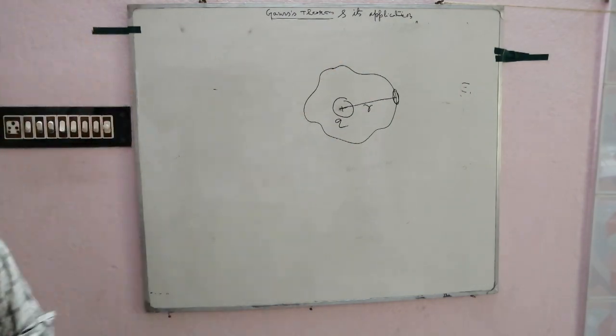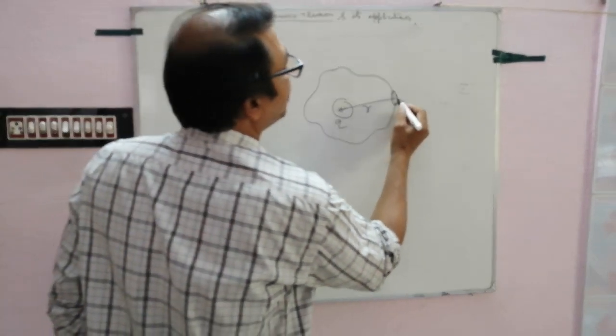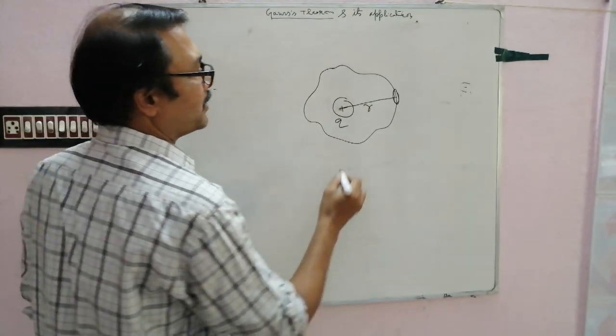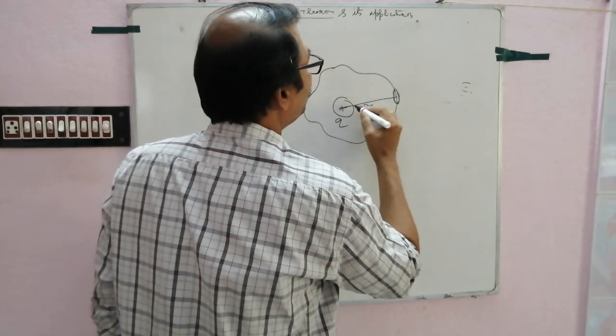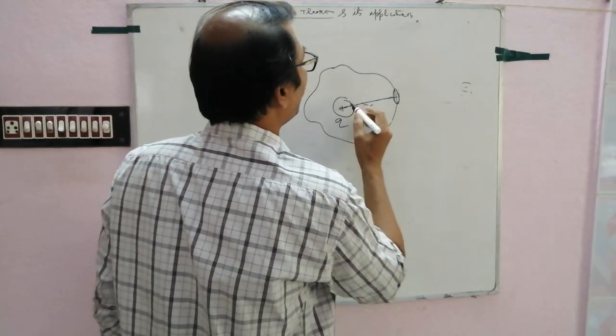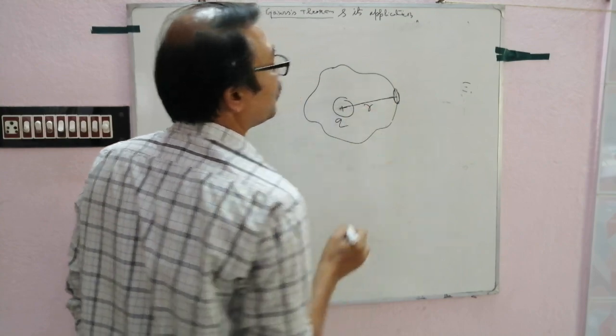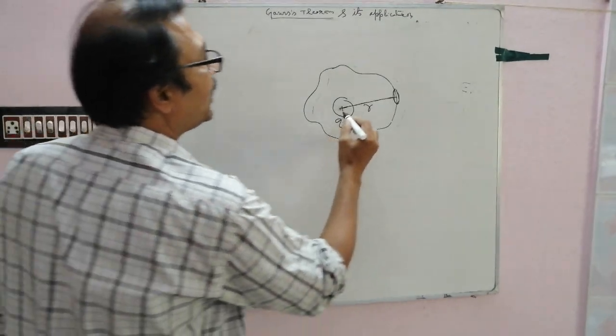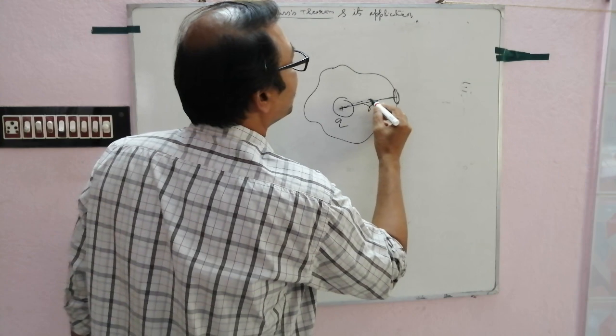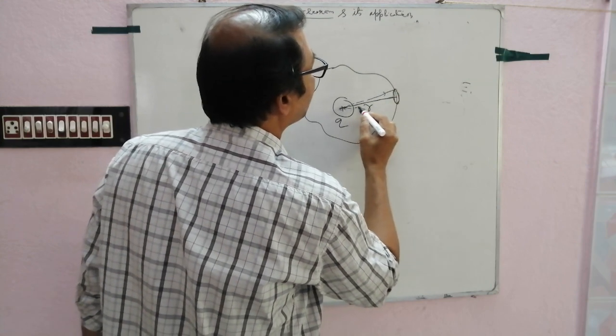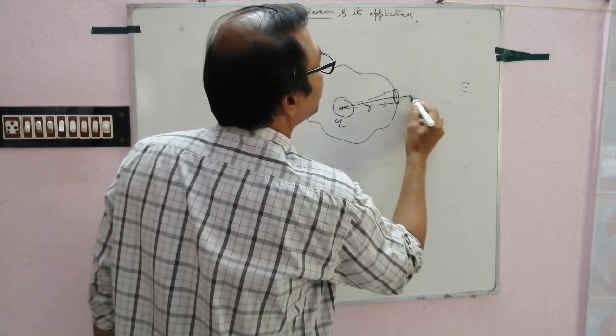Here the surface area is ds. Now according to Coulomb's law, the total flux, this is the flux.